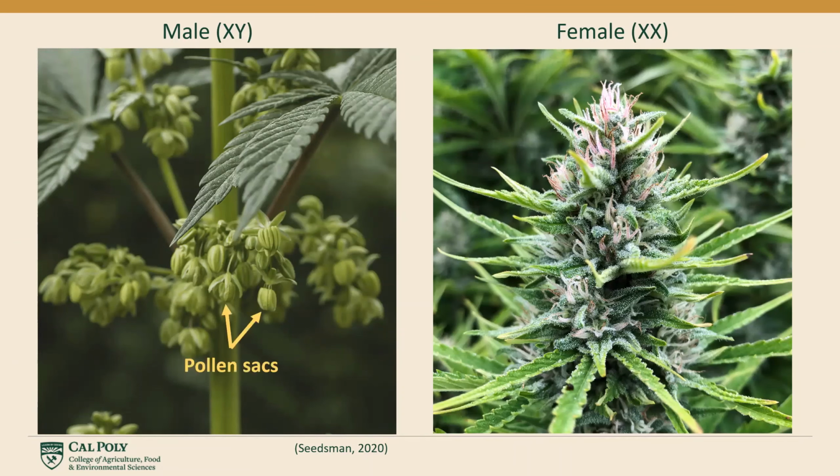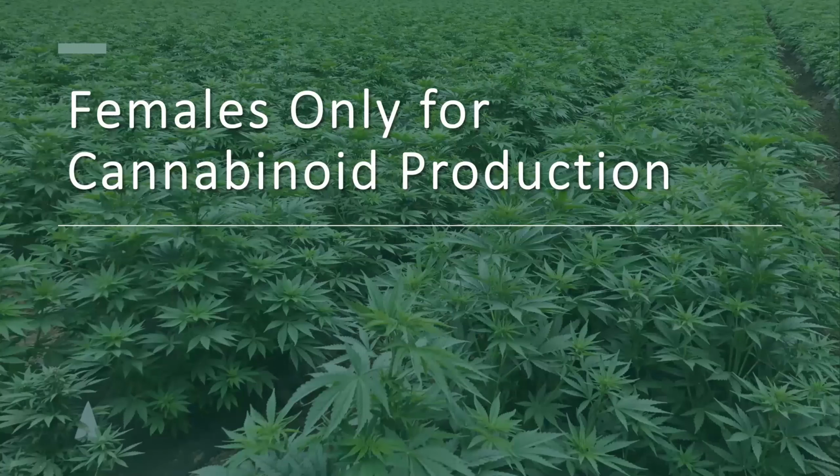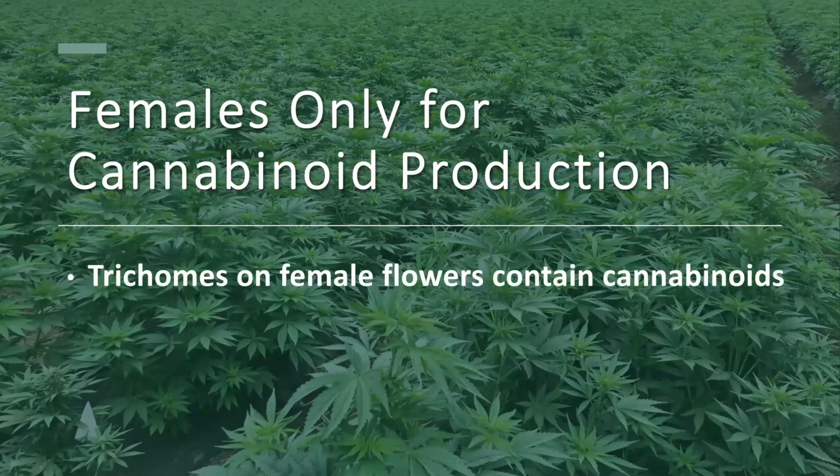In a natural population of cannabis plants, there'll be approximately 50% female and 50% male plants. But when a grower is producing cannabis for cannabinoid production, it's crucial to only have females in the field. This is because the trichomes on the female flowers contain cannabinoids, which are the compounds of interest.